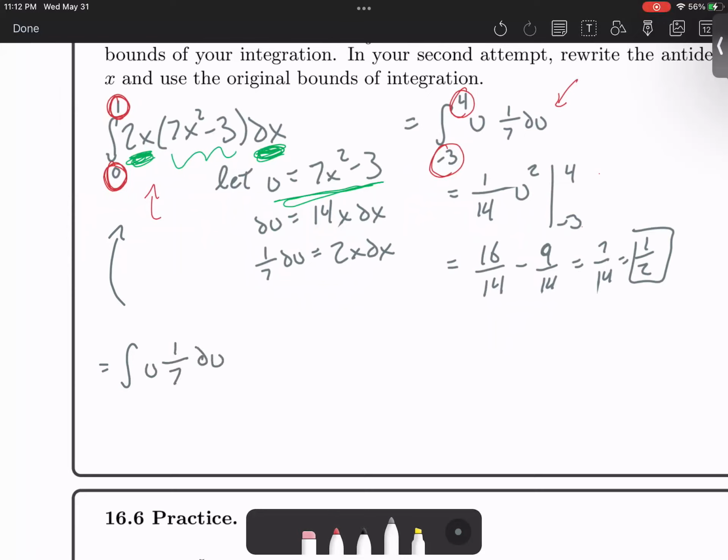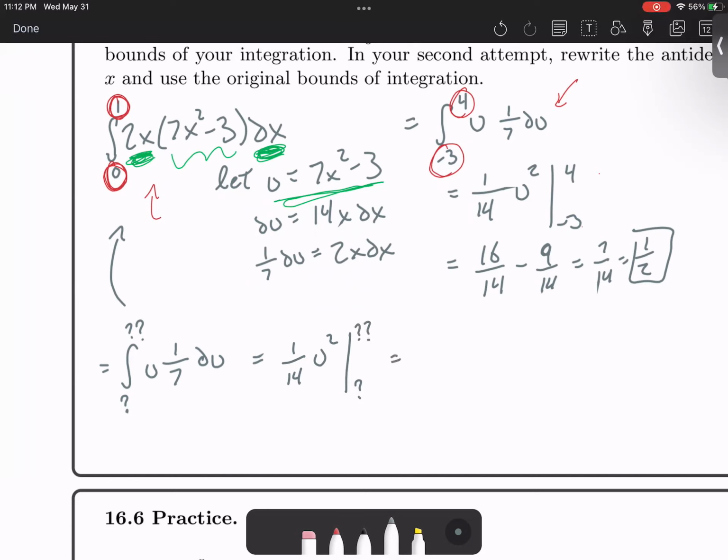After we employ the variable substitution, this is what we get. And at this stage, last time we figured out what these bounds were, but now I'm just going to leave them as variables and I'm going to ignore them. I'm going to perform my integral. So that is 1/14 u squared, evaluated between first question mark and 2 question marks.